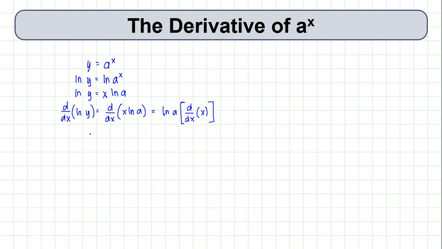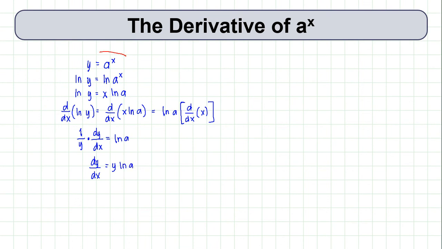Therefore, ano ang derivative ng ln of y? It is 1 over y times the derivative of y with respect to x equal to ln of a times 1. No? Therefore, the derivative of y with respect to x is equal to y ln of a.